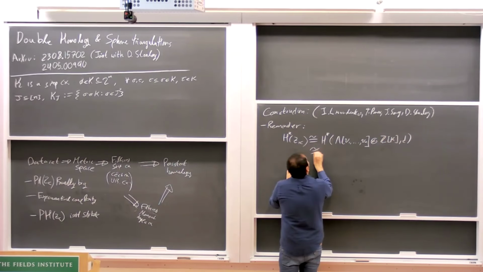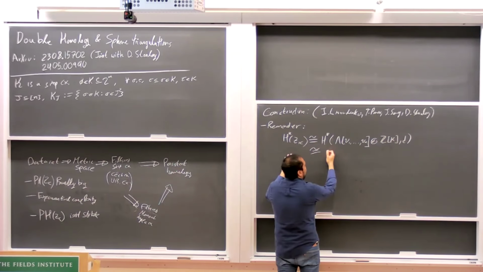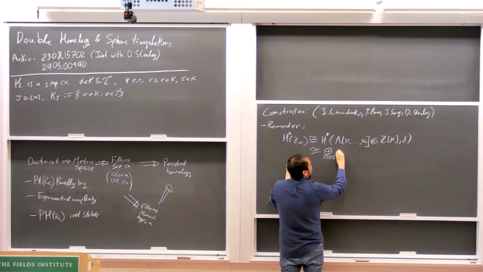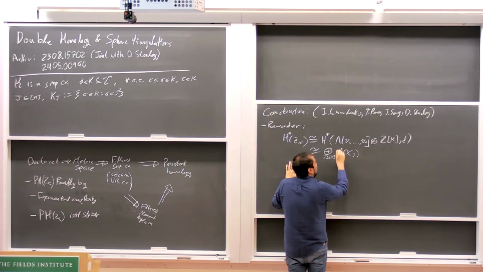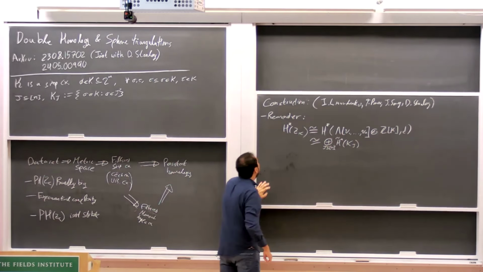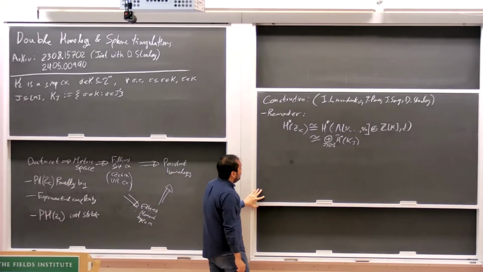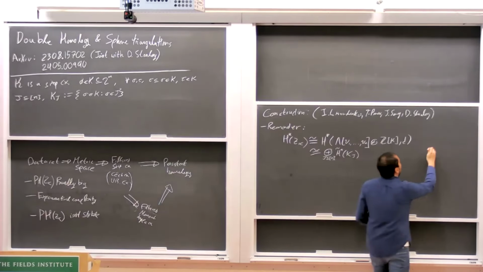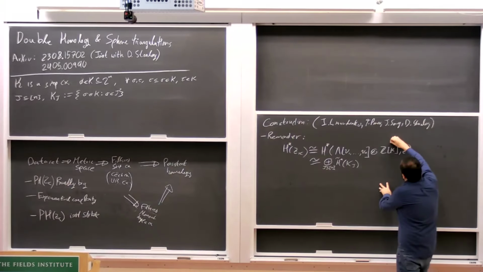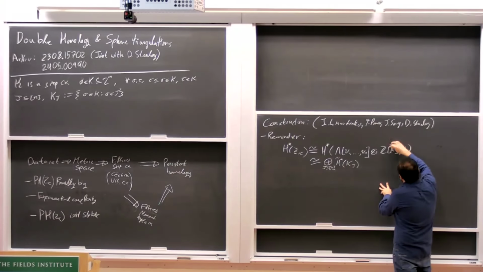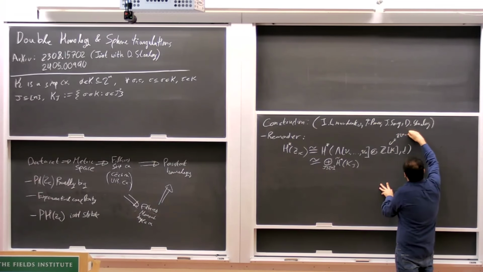The other one is as a total algebra, and by the Hochster formula, this is precisely the direct sum over all subsets J of M of reduced H star of K sub J. I should mention here that this lives inside the set, and I'm going to use the notation U1 up to UM.